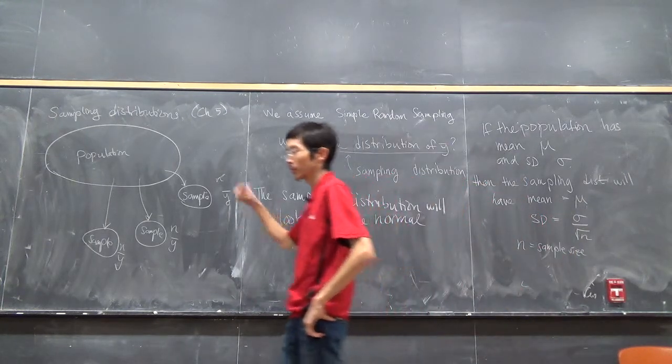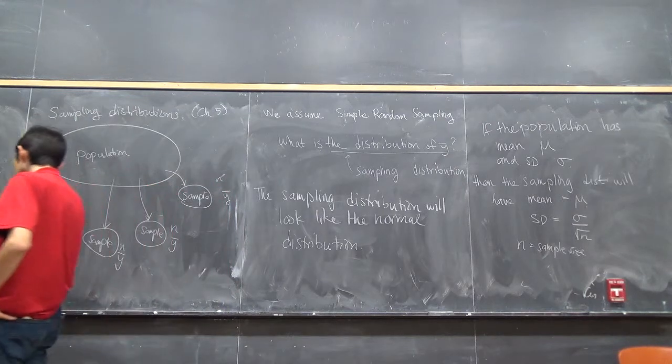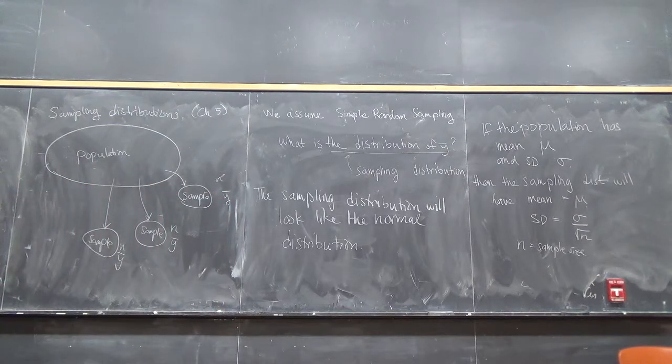Because again, what we're doing is we're repeatedly taking samples of size n over and over from the population.